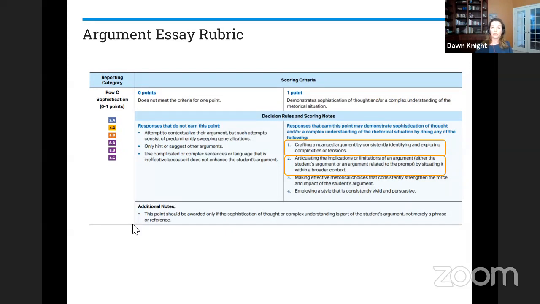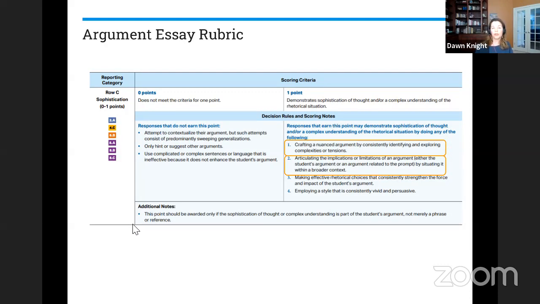Okay, we already went through the rubrics yesterday, so just really quickly for those of you joining us, we're looking at the sophistication row C, of both the argument and synthesis essays. If you look at the right-hand side under where it talks about the decision rules and scoring notes, the essays that earn this sophistication point did it by crafting a nuanced argument, by consistently identifying and exploring complexities or tensions.